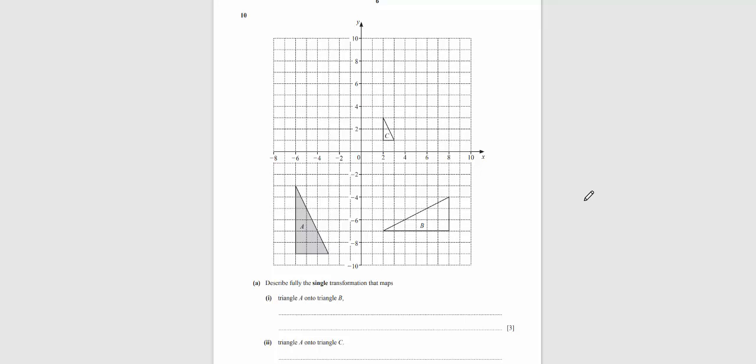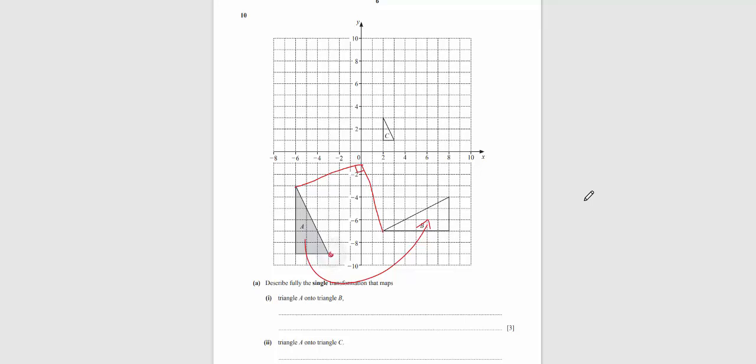So if you look at this, if I draw the line like this, they actually have to be 90 degrees if they rotate. So basically this one rotates like this in the anti-clockwise direction.